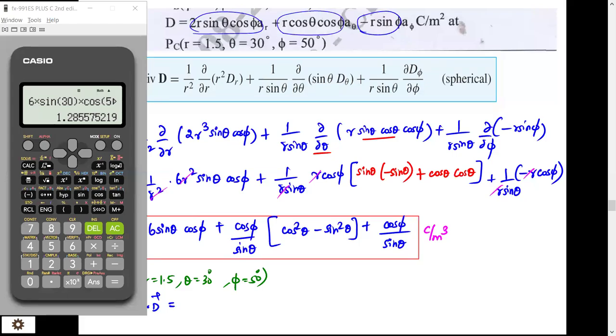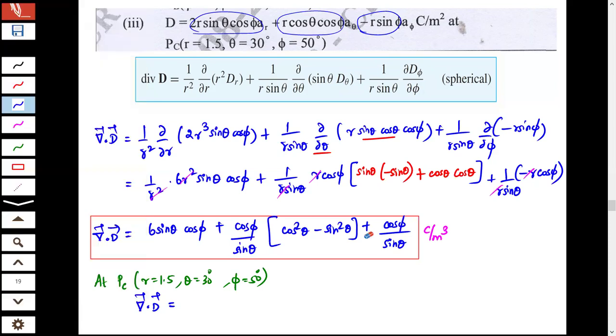Now when we substitute this in the calculator, we will get the answer as 1.29, and we should also note this is a negative sign, so the answer is -1.29, and we should also mention the unit as coulomb per meter cube. You can practice similar divergence problems for different coordinate systems.